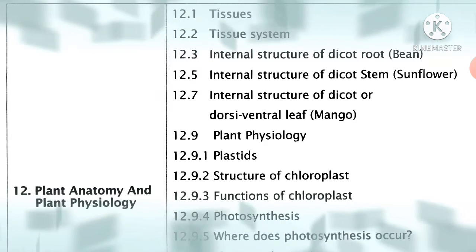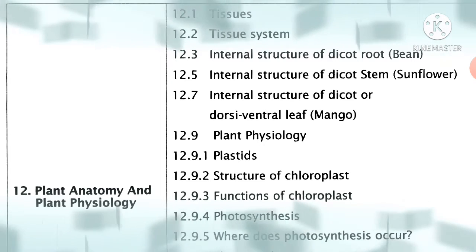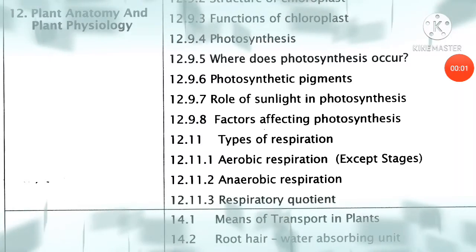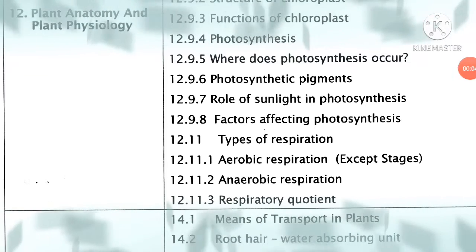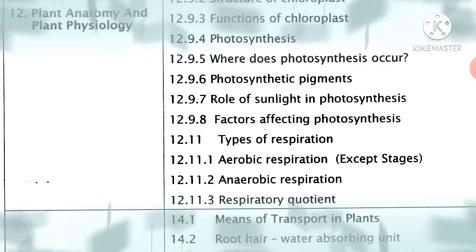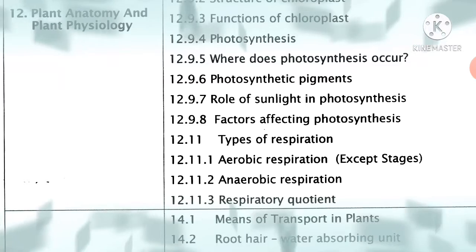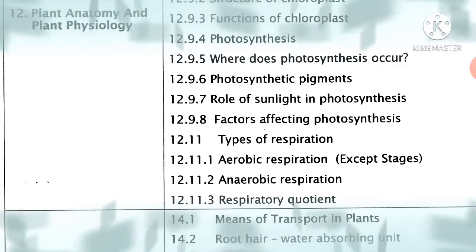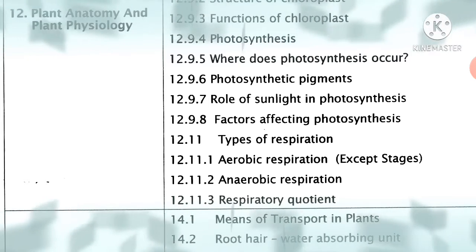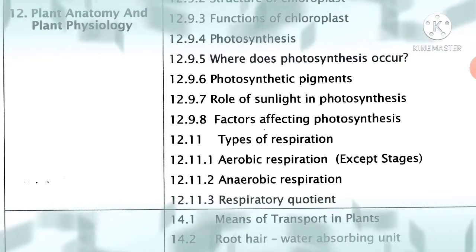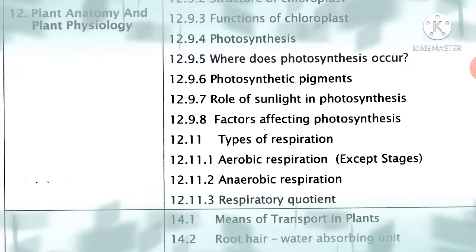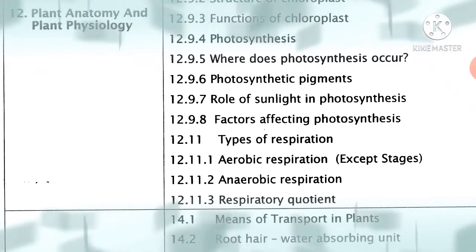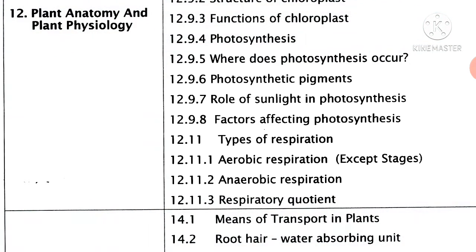12.9.4 Photosynthesis. 12.9.5 Where does photosynthesis occur? 12.9.6 Photosynthetic pigments. 12.9.7 Role of sunlight in photosynthesis. 12.9.8 Factors affecting photosynthesis. 12.11 Types of respiration. 12.11.1 Aerobic respiration, except stages. 12.11.2 Anaerobic respiration. 12.11.3 Respiratory quotient.